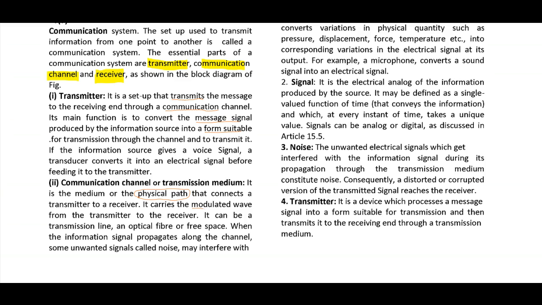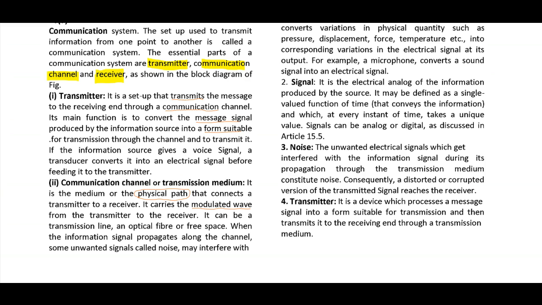Now, what is a modulated wave? This will be covered in the coming lectures. The basic signal is received by the transmitter. It modulates that signal, and finally, the modulated signal is transmitted from the source to the receiver. Now, what is the basic role of the communication channel?